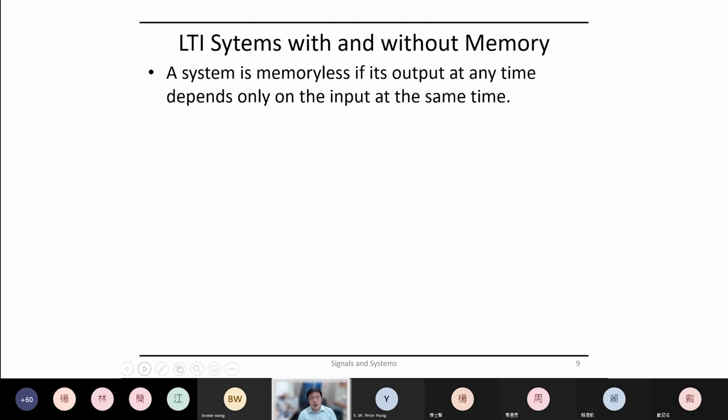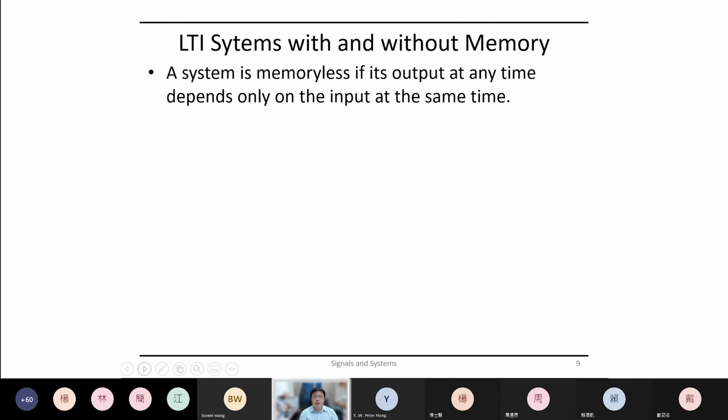Now, for linear time-invariant systems, you can completely characterize the system using its unit impulse response. So each one of these system properties can be characterized in terms of properties of the impulse response as well.